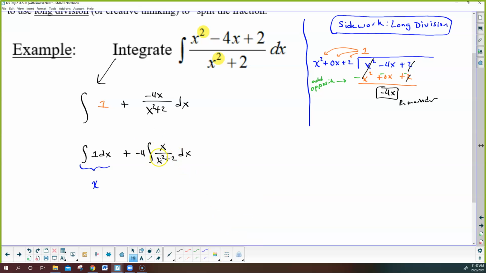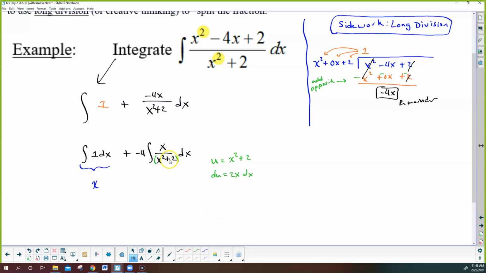Now, this is just like what we did before. Now I have a u substitution that can actually work because I have an x squared and my degree on top is less than the degree on bottom. So that's why long division basically reduces out at least one factor, maybe more, and allows us to go ahead and do u substitution.